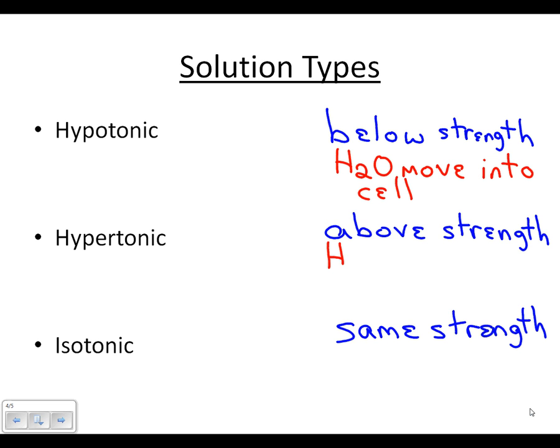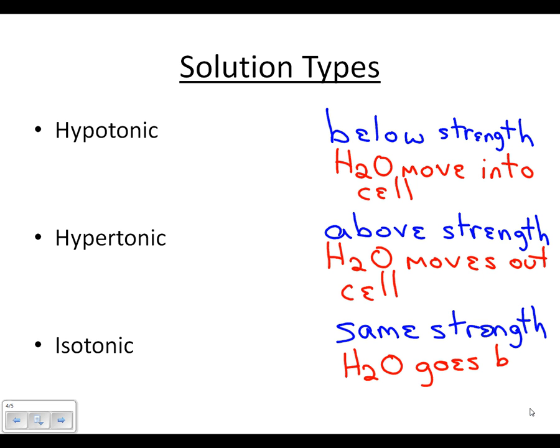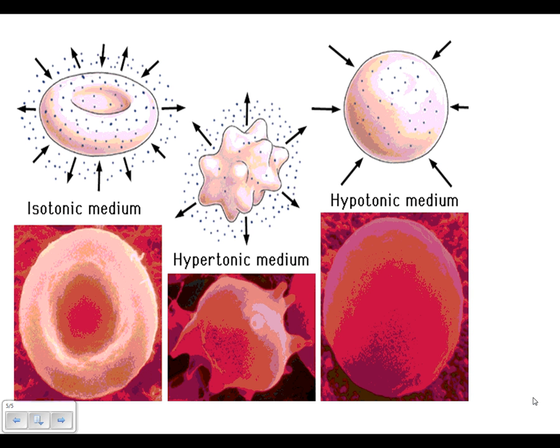Hypertonic, water moves out of the cell. And isotonic, water goes back and forth. And the last slide shows you a picture of an isotonic, hypertonic, and hypotonic medium.